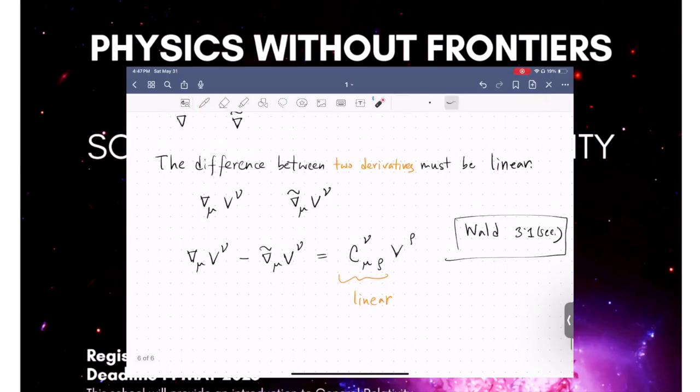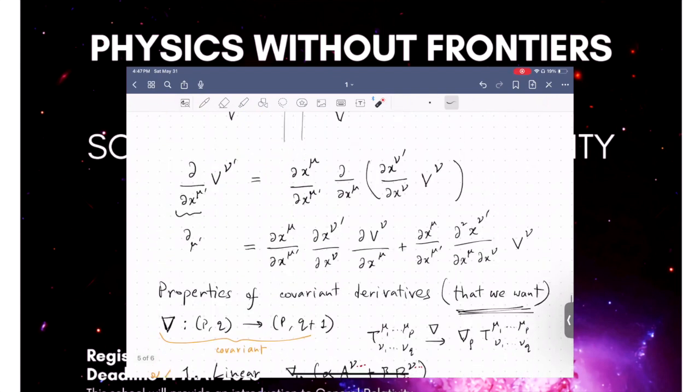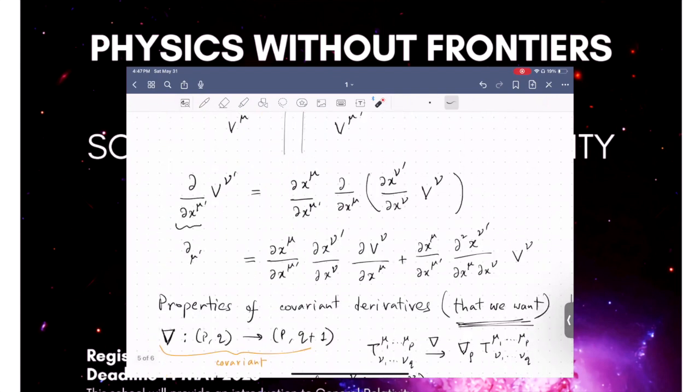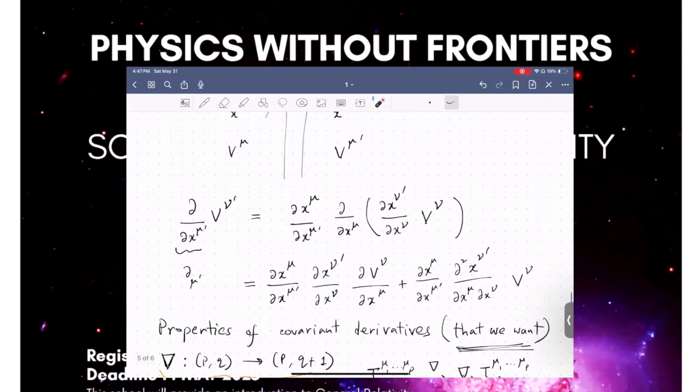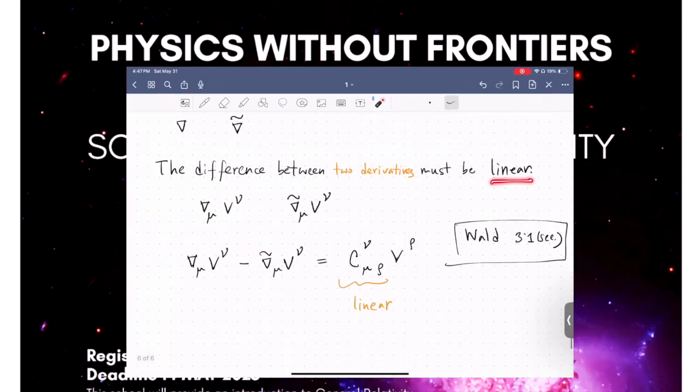So tensor is something that has to transform in a very nice way, right? That has to transform like this. But linear means that it doesn't involve derivatives of v, right? There are no derivatives here. It's just a linear transformation of a vector without any derivative, but it may not transform very nicely. It will be a tensor if both of these are covariant, but if I replace the covariant part with just two derivatives, it will still be linear, but it may not be a tensor.